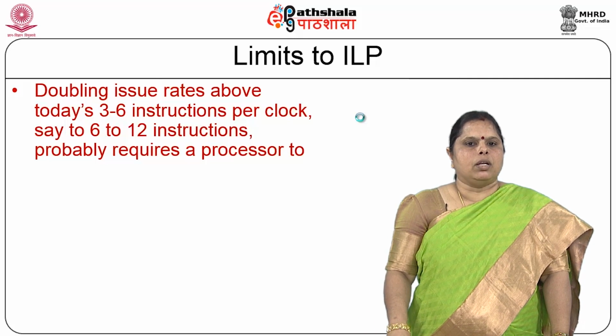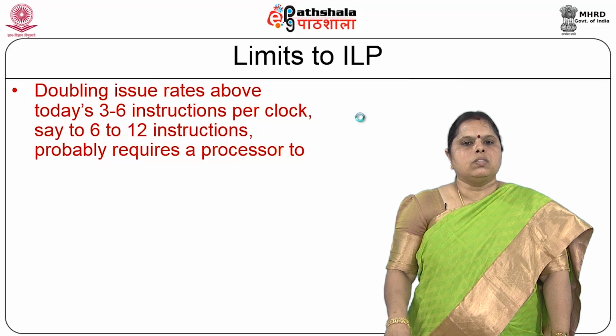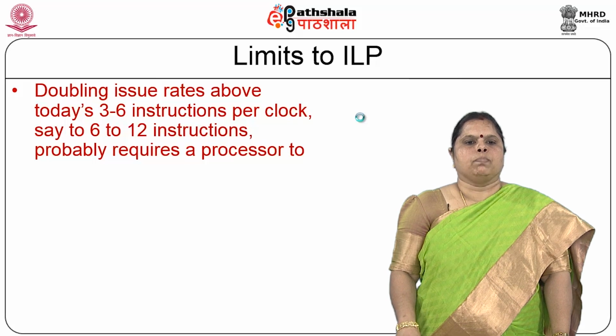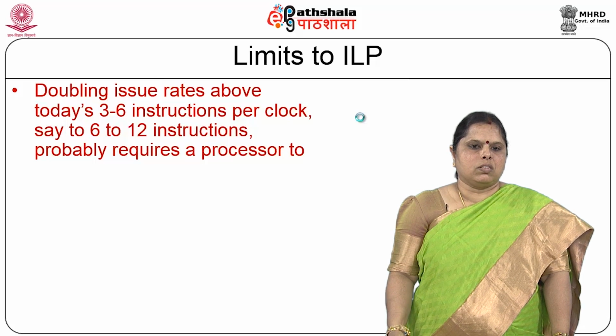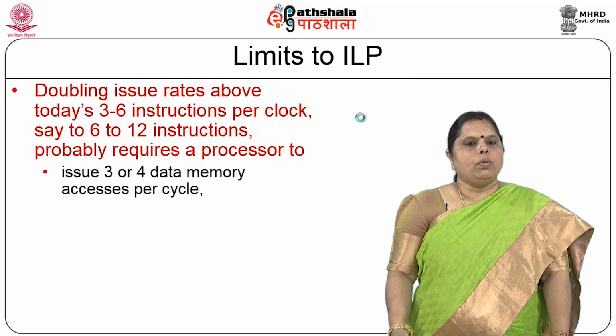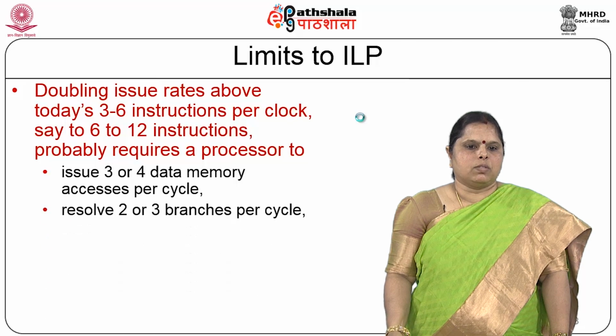You may have a limited number of registers; you can't think of an unlimited number of registers. All this leads to a limitation in exploiting instruction level parallelism. For example, consider doubling the issue rate above what is available today, from the current 3 to 6 instructions per clock to 6 to 12 instructions per clock cycle. You may have to issue 3 or 4 memory accesses per cycle.